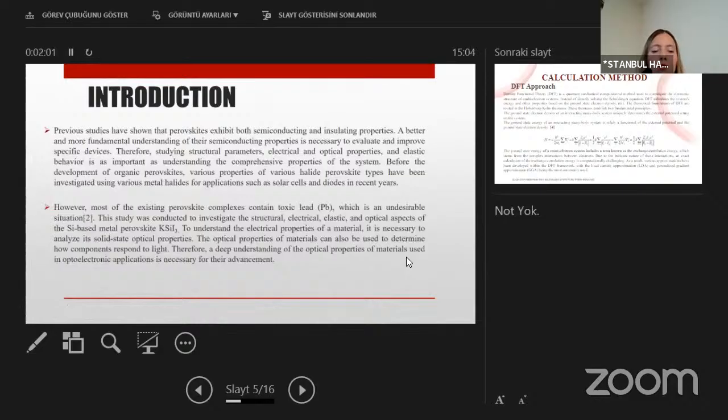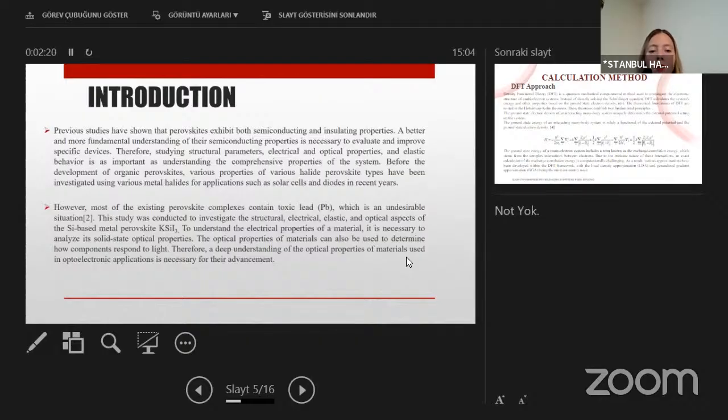A better and more fundamental understanding of their semiconducting properties is necessary to evaluate and improve specific devices. However, most of the existing perovskite complexes contain toxic lead, which is an undesirable situation.